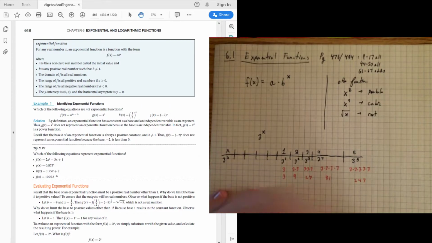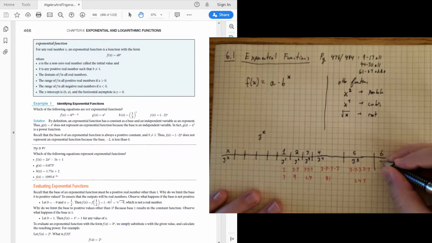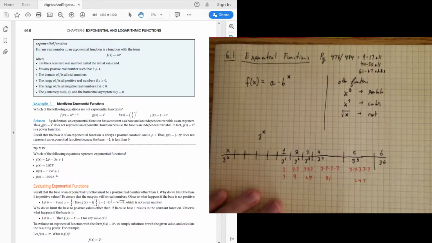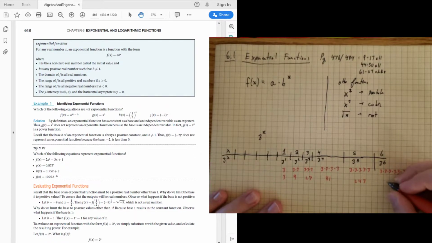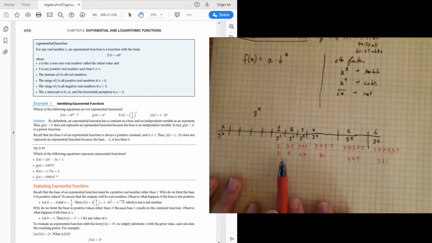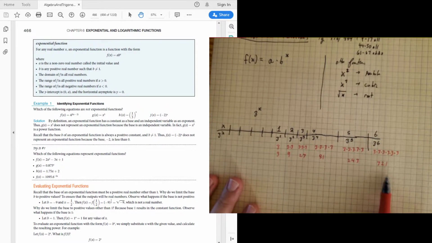And if you did it 6 times, 3 to the 6th would just mean that we multiply the number 3 6 times, which is 729. So you can see in a very short period of time, just from the value of 1 to the value of 6, we've gone from 3 to 729.